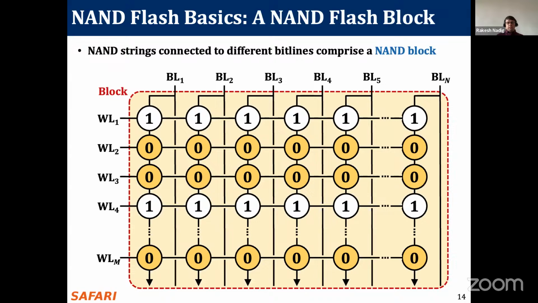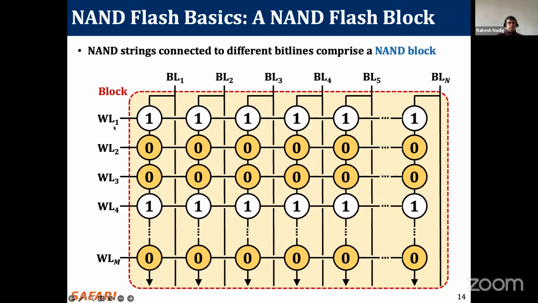So now let's look at a NAND flash block. A NAND flash block is typically comprised of multiple bit lines which are laid out next to each other. There are maybe hundreds of bit lines connected to different cells, and the encapsulation of all these flash cells forms a NAND flash block.